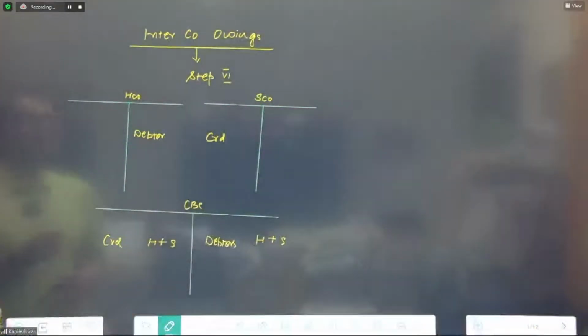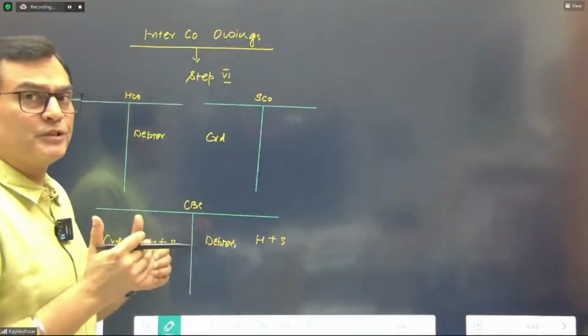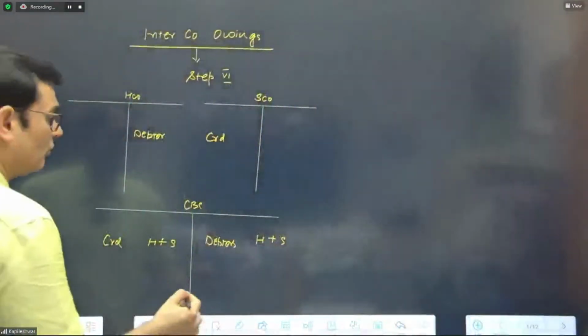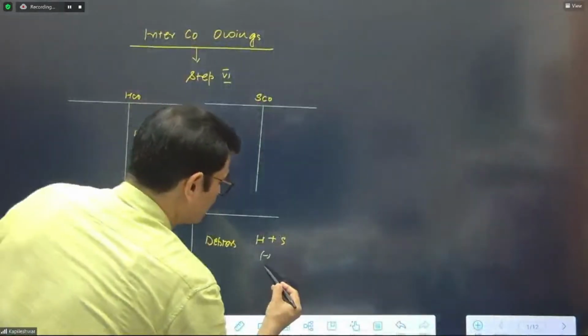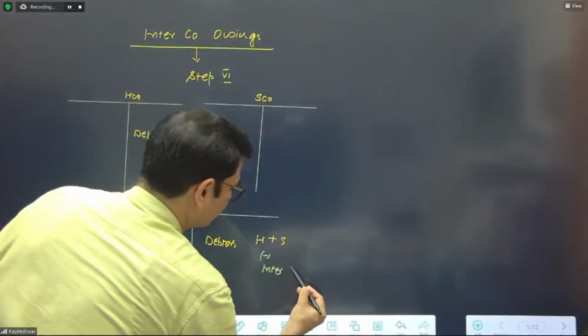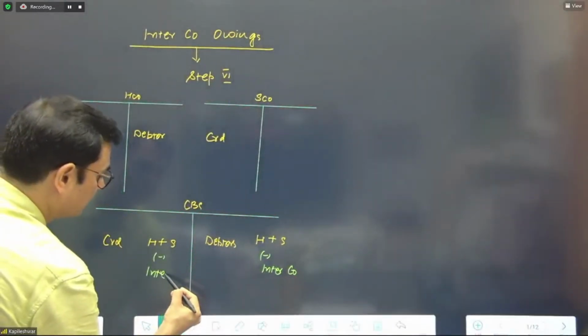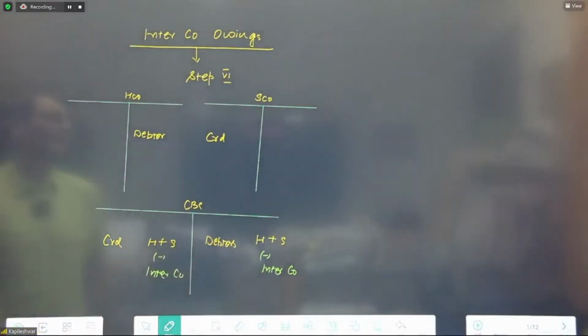Now, what am I supposed to do? Any amount which they owe to each other cannot be represented as a debtor and creditor in the same balance sheet. So from the sum total of these debtors, we'll reduce the intercompany owings. Even from the creditors, we're going to reduce the intercompany owings. It's as simple as that.